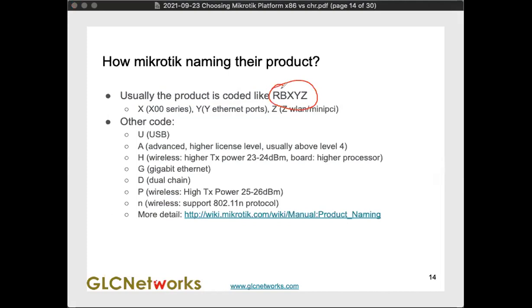So RB means RouterBoard, X means X series, Y is the Ethernet ports, and Z usually refers to how many wireless LAN or mini PCI that can be put in to provide wireless connectivity. Other codes like U for USB, A, H, and so on. That one you can check directly on the Mikrotik product naming. Okay.